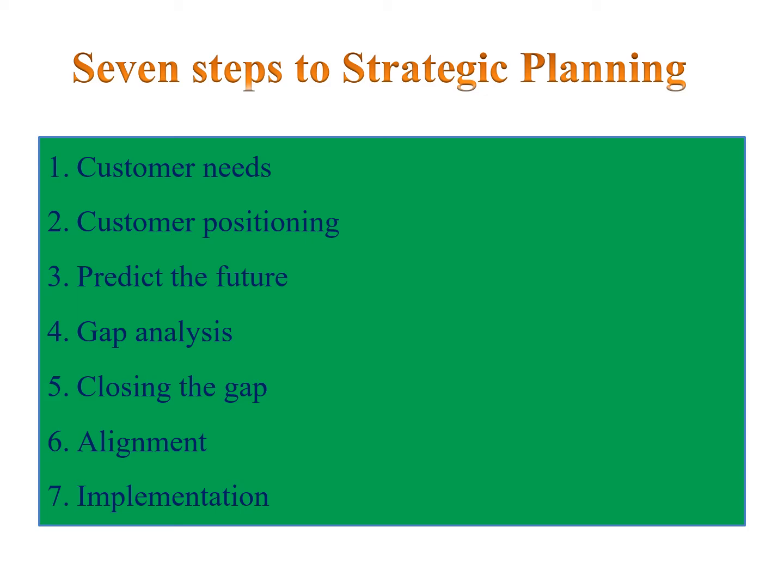The planning should be assessed at least once a year, and corrective action should be taken before or at the stage of implementing any of the strategy in producing the product.